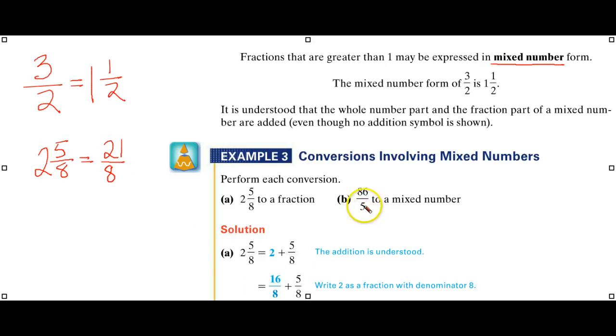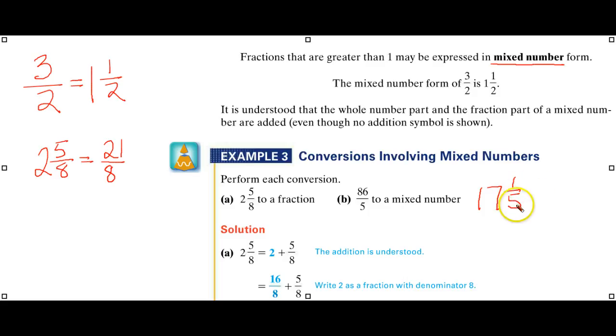Now, for this one, we're going to divide 5 into 8, and that goes once. And then there's a 3 left over. 5 into 36 goes 7 times, and there's a 1 left over.